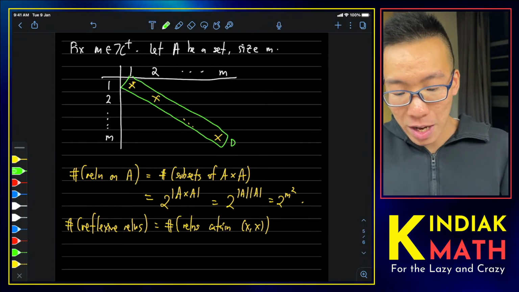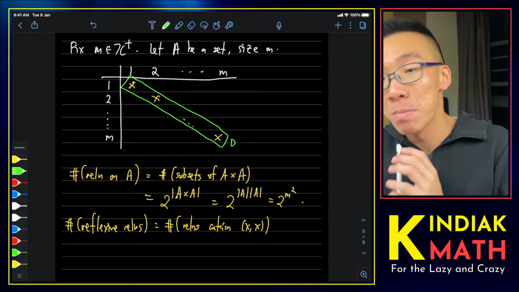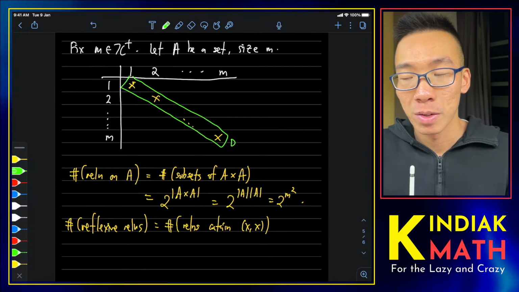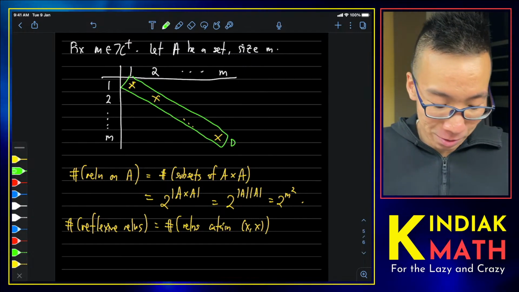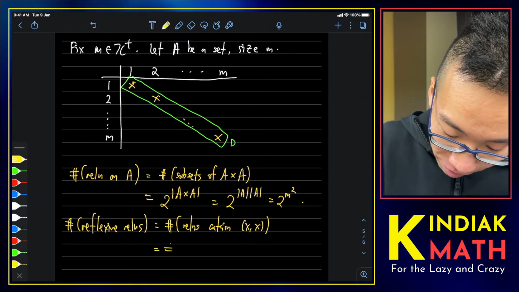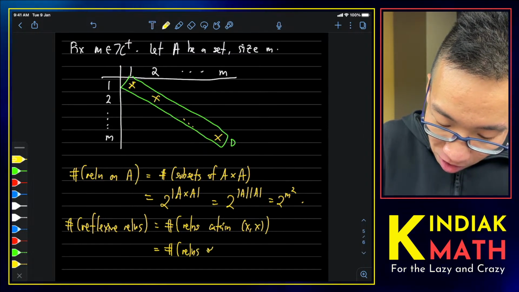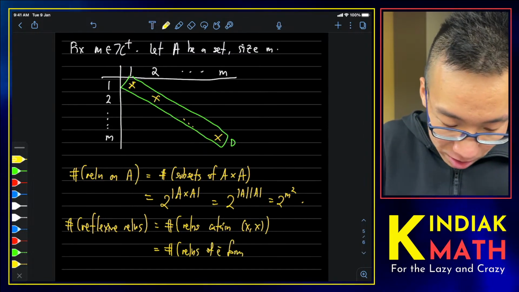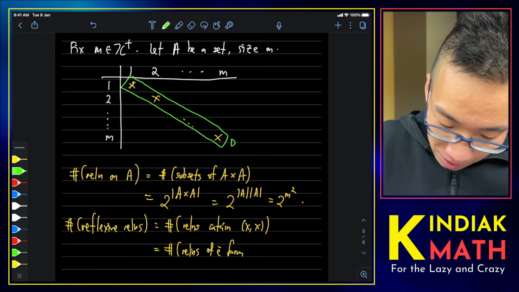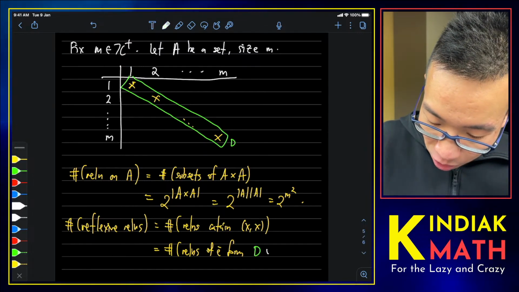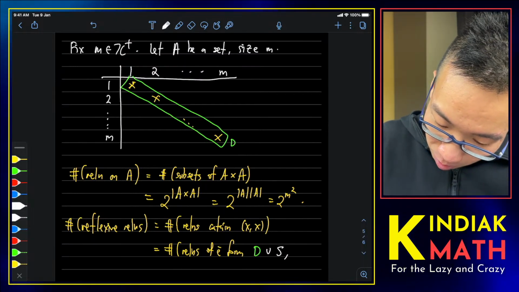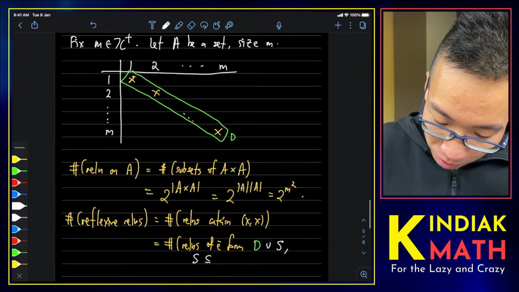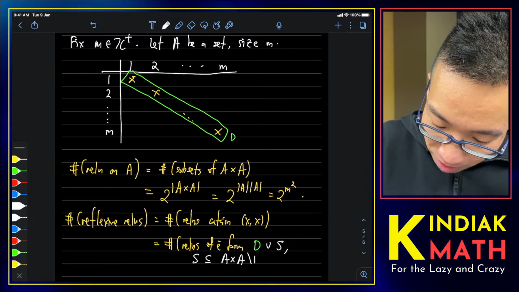So the idea is that my relation must contain this diagonal. I don't care what relation it is, in order for it to be reflexive, it must contain this diagonal. So in other words, it is all of the different relations of the form, let's call this D, D union S, where S is any subset of everything else.